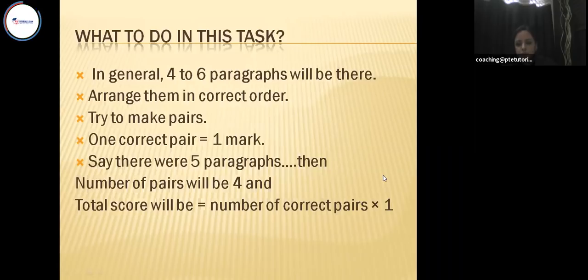So if I marked 4 correct pairs, then 4 into 1 is equal to 4. So the total score will be 4.